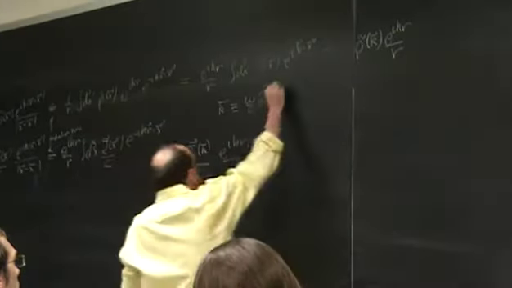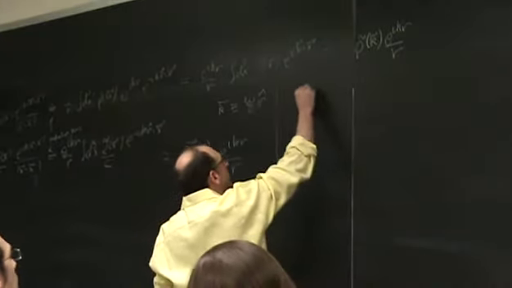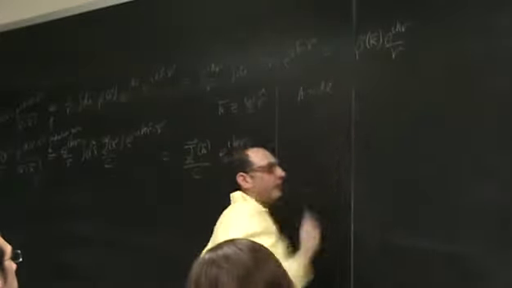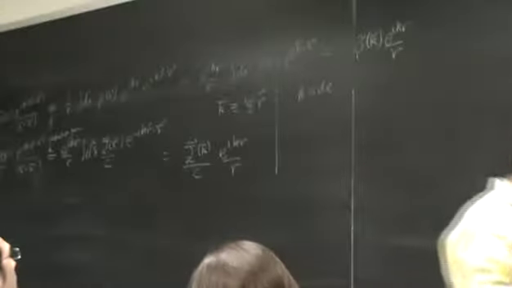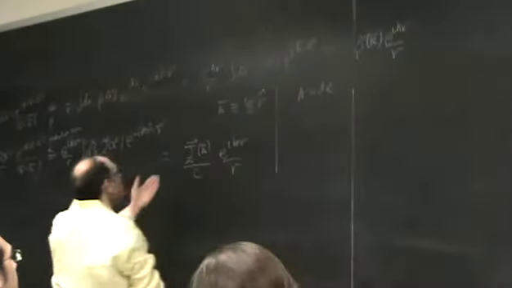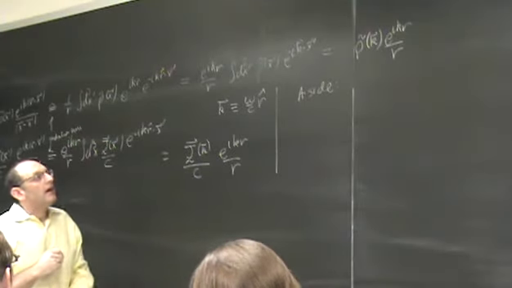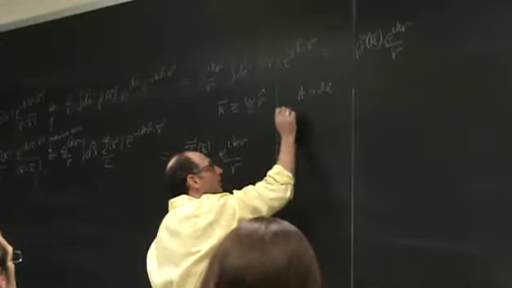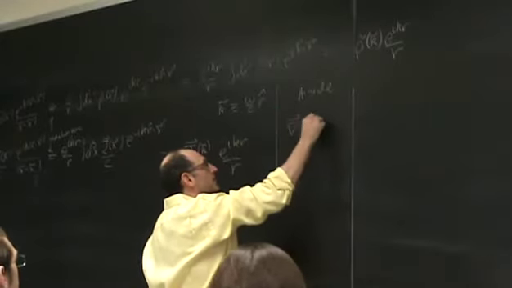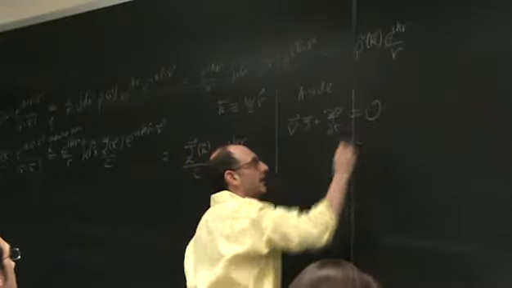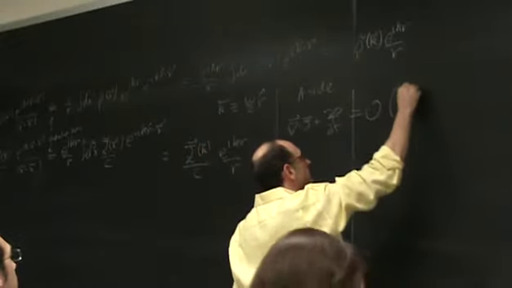Now, one little aside over here. The spatial Fourier component of rho is related to the spatial Fourier components of J because of charge conservation. So what we know is del dot J plus d rho dt is 0. That is charge conservation.